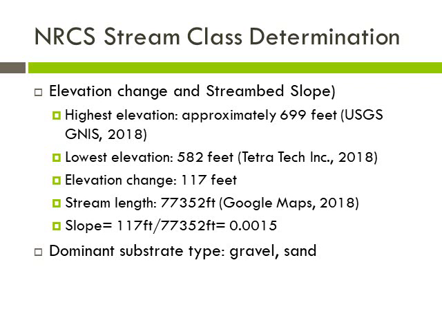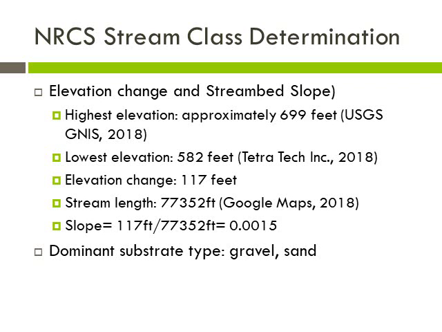So, I found the highest elevation in the watershed: a town near the confluence of the North Fork and the South Fork, and I believe it was called Petroleum, and the elevation there, according to the USGS, was 699 feet. So I found in the TMDL report the lowest elevation in the watershed at the mouth of the river was 582 feet, so it was an elevation change of 117 feet.